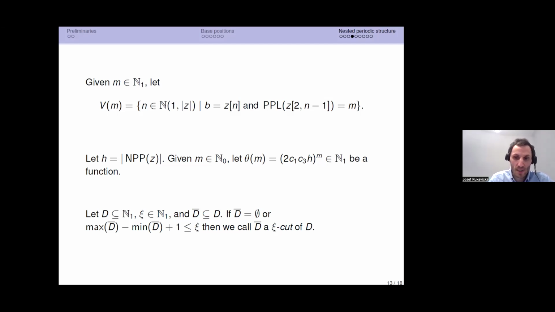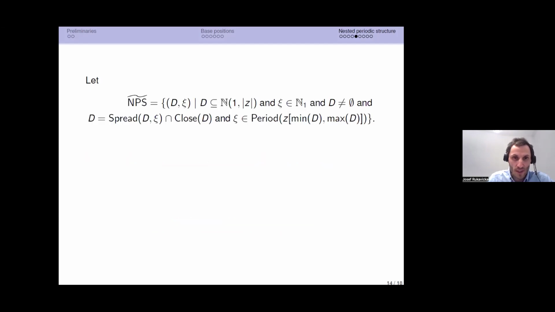The xi will represent the period, and the D will represent some set of positions. So I mean by the xi cut the positions from one period of a given factor. This will be the meaning of the xi cut.